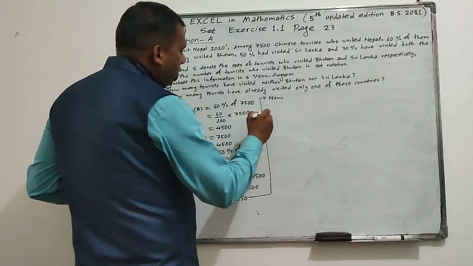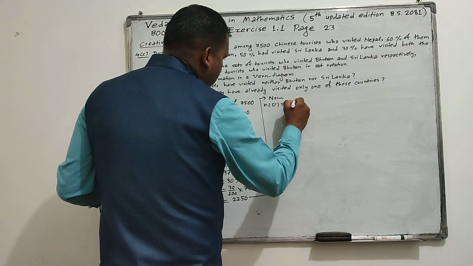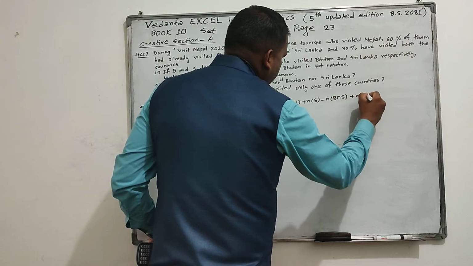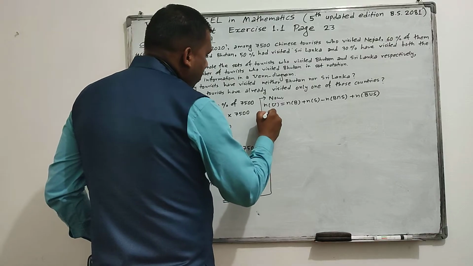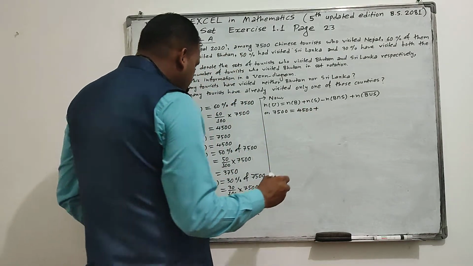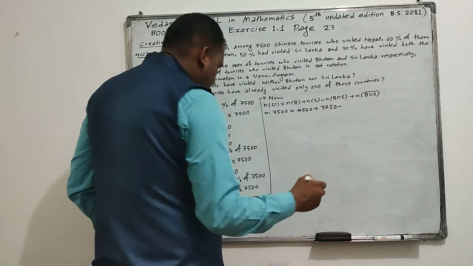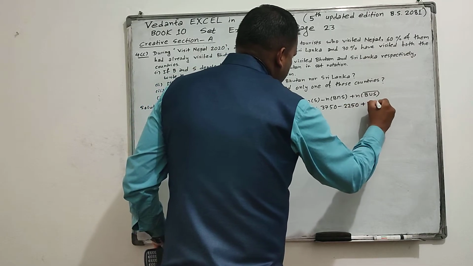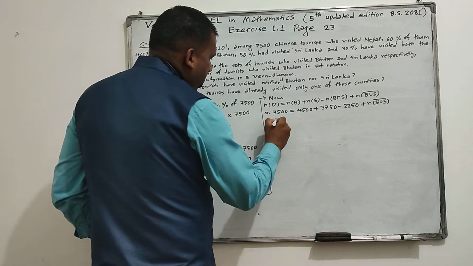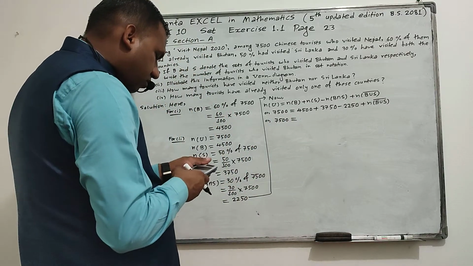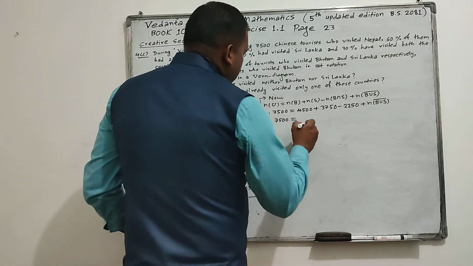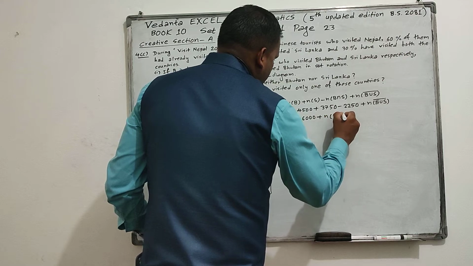Now, using the formula, n(U) equals n(B) plus n(S) minus n(B intersection S) plus n((B union S) whole complement), or 7,500 equals 4,500 plus 3,750 minus 2,250 plus n((B union S) whole complement), or 7,500 equals 4,500 plus 1,500, that is 6,000 plus n((B union S) whole complement).